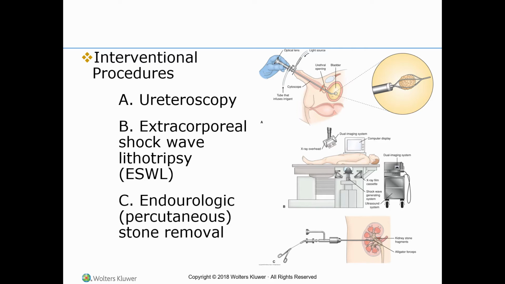Chemolysis. This is stone dissolution using infusions of chemical solutions like alkalizing agents or acidifying agents, depending upon the stone, via percutaneous nephrostomy, and this is used as an alternative treatment. Surgical management, 1 to 2% of cases undergo surgery.